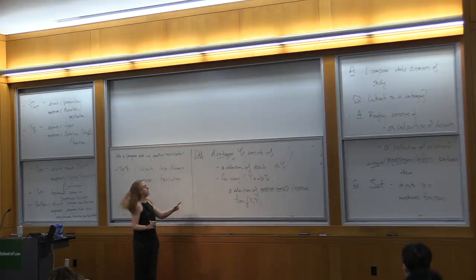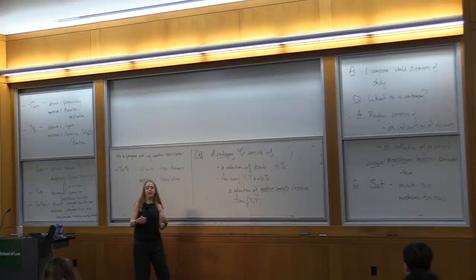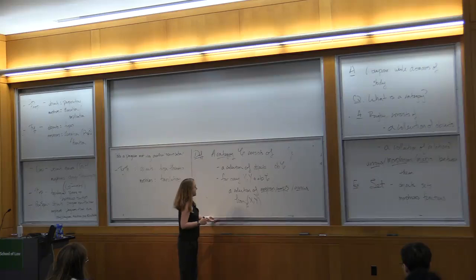So when we're just talking about one category at a time, we'll probably not write this little c. But when I start talking about two categories at the same time, then I will write the little c and maybe also a little d to make clear what category I'm talking about.